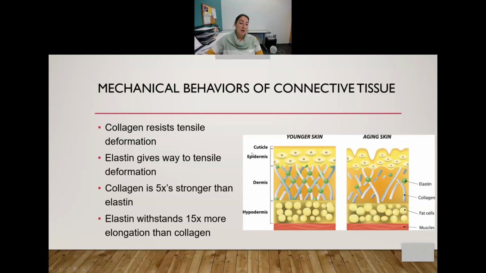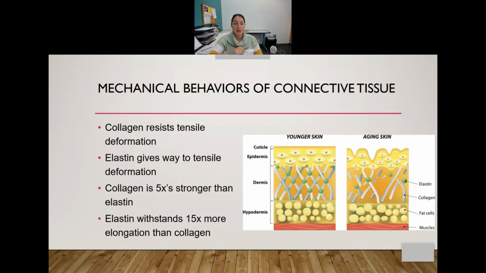Elastin gives way to tension. Elastin is these green substances here, and it allows the tissue to be deformed, which we need because constantly things are touching us and pushing on us and pulling on us, and it needs to be able to be mobile and move. But it also needs to keep its same shape when it is moved and not be deformed.